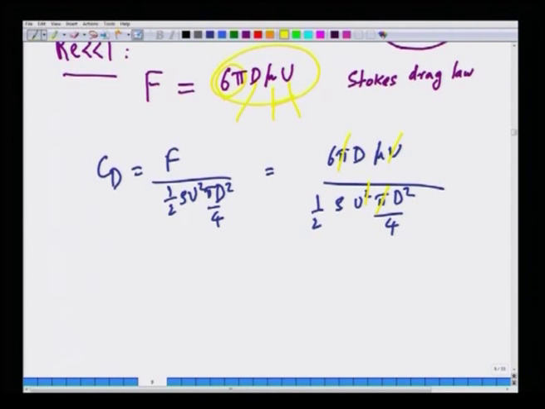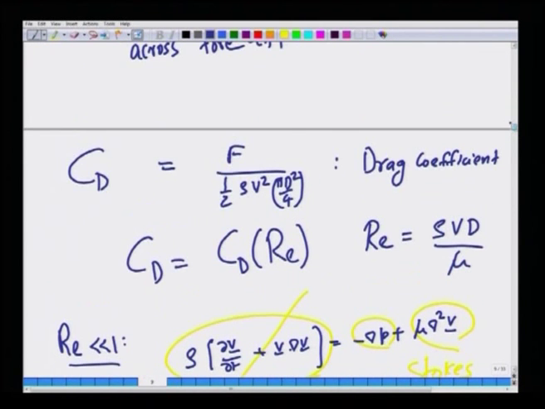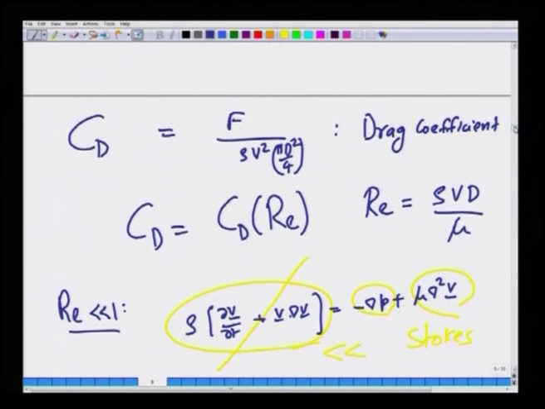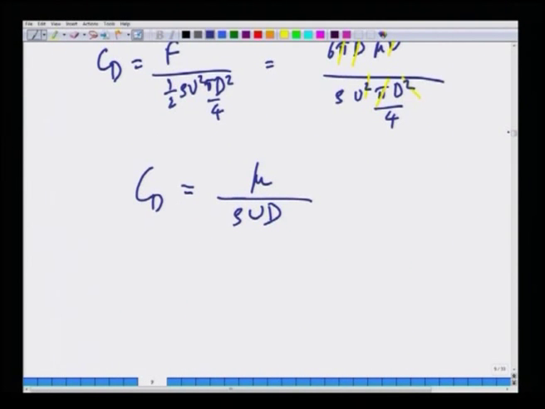One factor of u will go with one factor of u, one factor of d will go with one factor of d, to give CD is nothing but, let us do the algebra, mu by rho u d, times, so this half should not be there in the definition, it is rho u squared d squared times pi d squared by 4. So, you get this 4 goes above to give times 24. So, CD becomes 24 by Reynolds number.